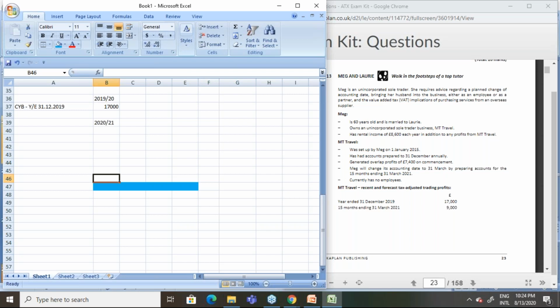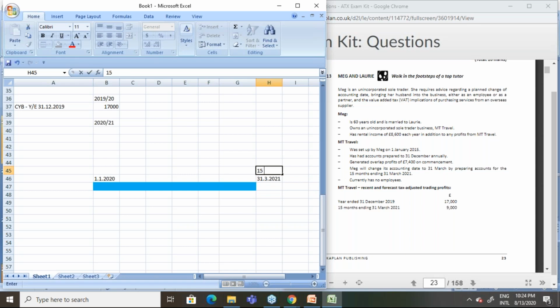The 15 months ending 2021 means 1st of January 2020 to 31st March 2021. So for this period, it's 15 months.